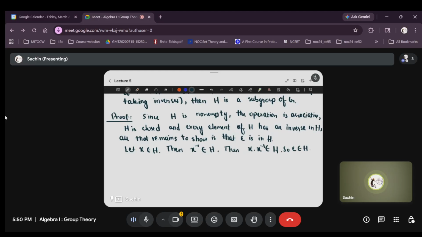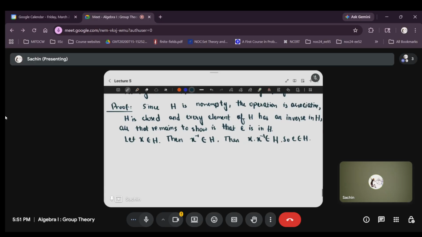So that's it for the two-step subgroup test: to check closure and existence of inverse if you know it is non-empty. So this is almost the same as checking if it is a group, right?